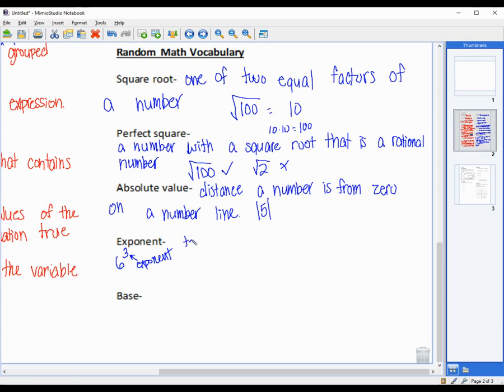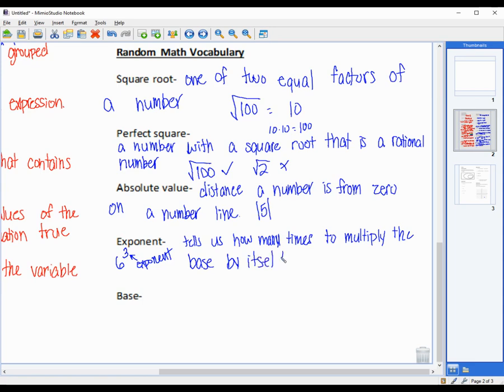So I'm going to say it tells us how many times to multiply the base by itself.